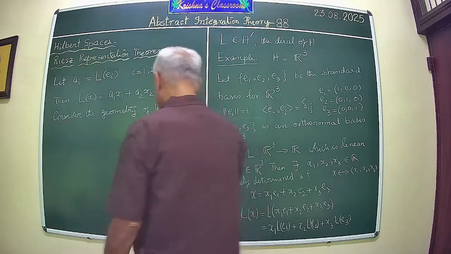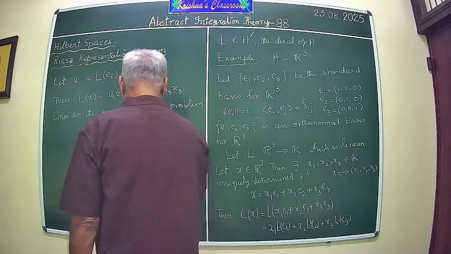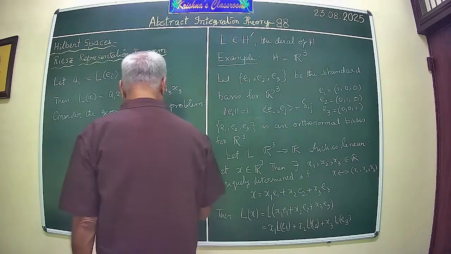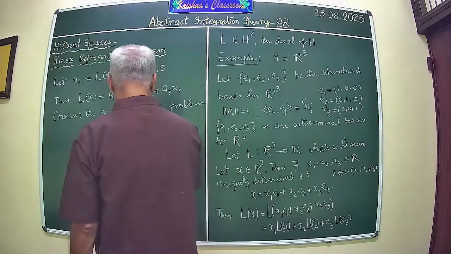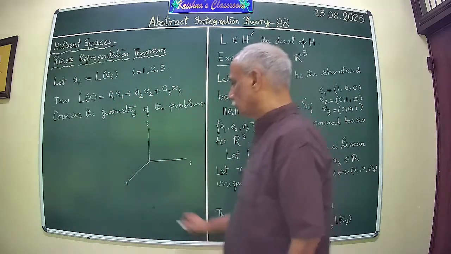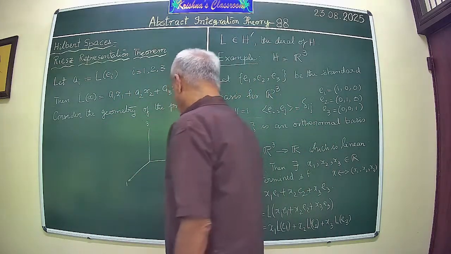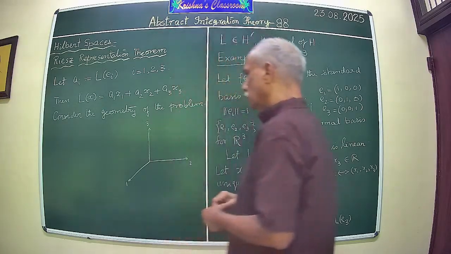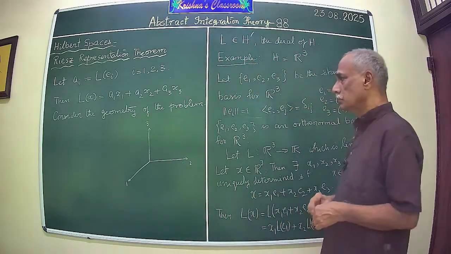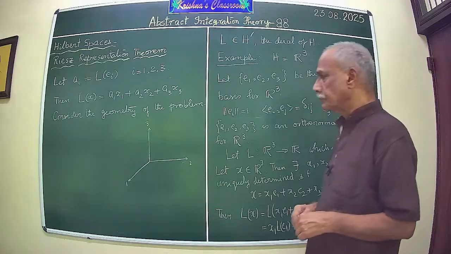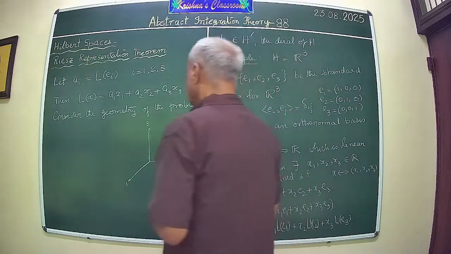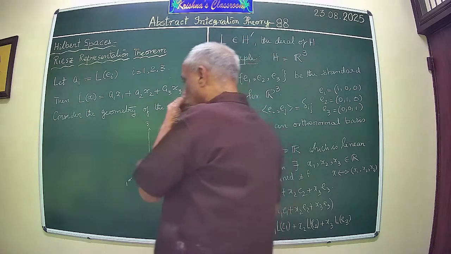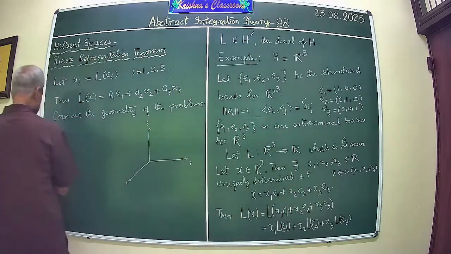So we take, this is one axis, this is two axis, this is three axis. Okay. Now Lx equal to 0.